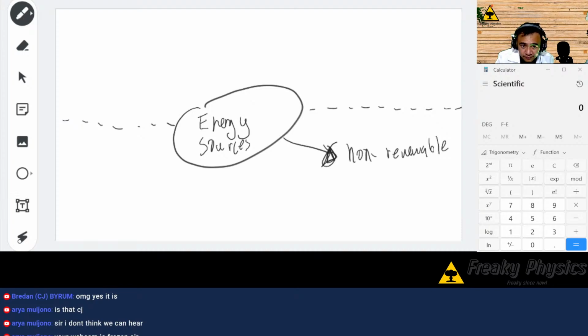Uranium is non-renewable, and fission fuels, right? Fission fuels, or nuclear fuels. Actually, fission would be the better term. Another main type under non-renewable is fossil fuels.